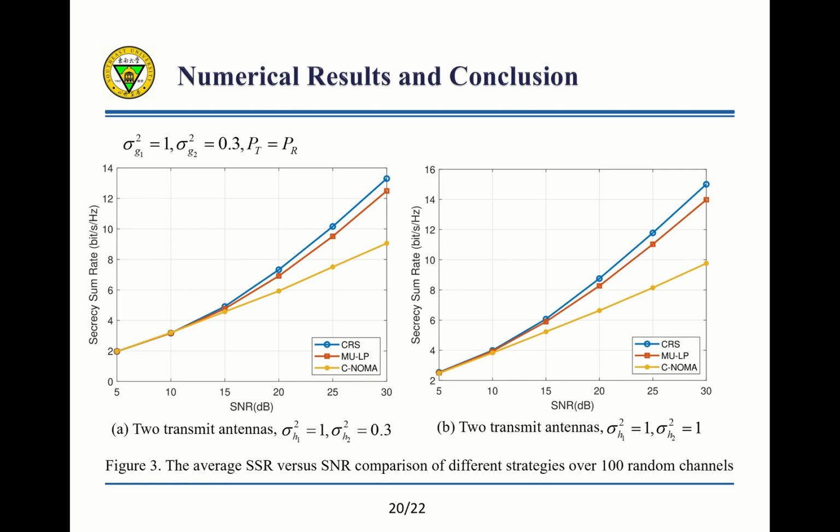It shows that C-NOMA is more suitable to scenarios where the users experience a larger disparity in channel strengths, though C-NOMA performs generally quite poorly compared to other schemes due to its inefficient use of multiple antennas.